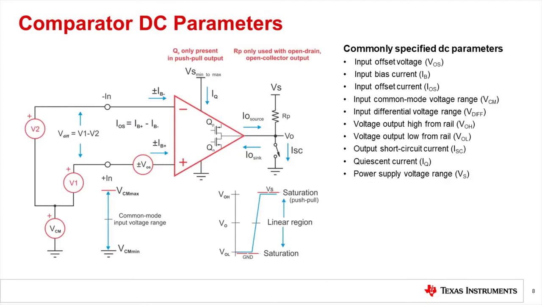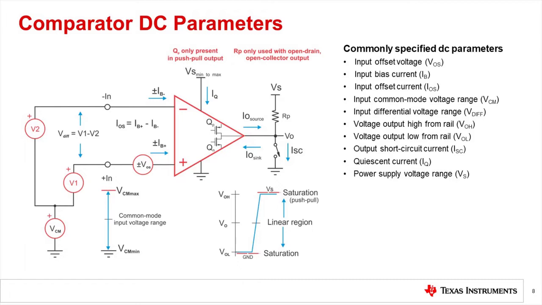And now I want to go over some of the DC parameters or DC specs of the comparator. First you have your input offset voltage, or VOS, and that's usually represented as a voltage source in series with the non-inverting input. You also have your input bias current, or IB, represented as a current source flowing into or out of the comparator inputs.